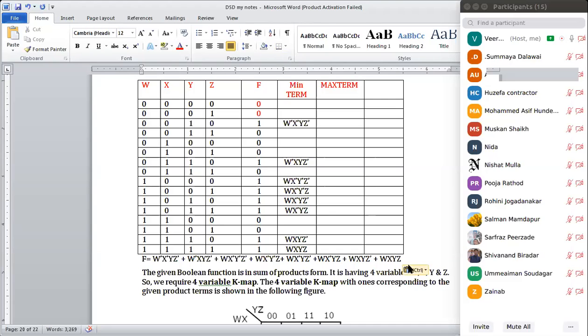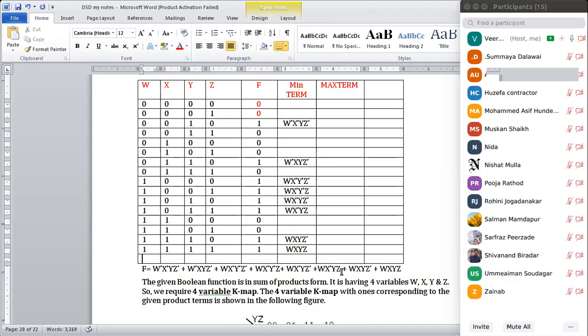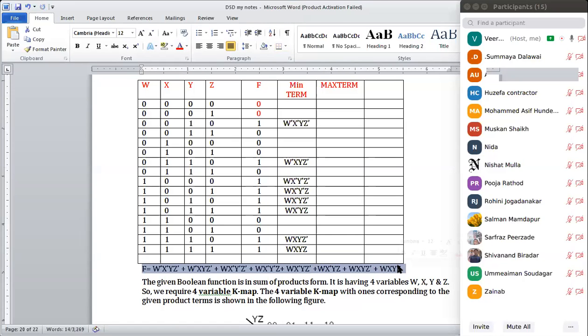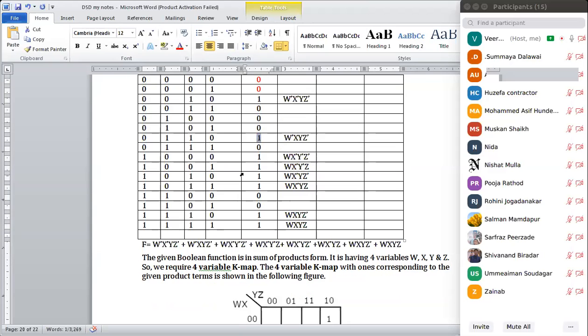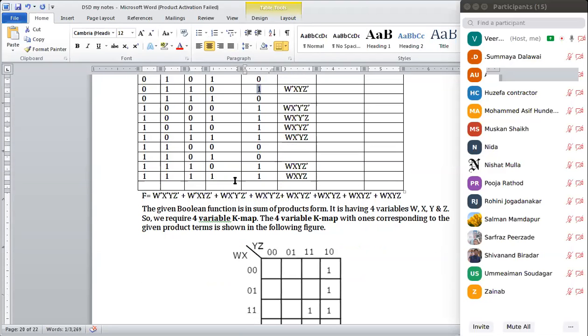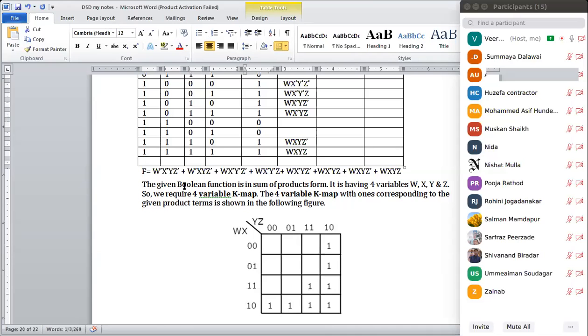See, it is very lengthy here. If I want to write the general equation of sum of products, it is very lengthy to implement in terms of logic gates. Now what I will do by taking this is write a K-map. First step is the K-map.